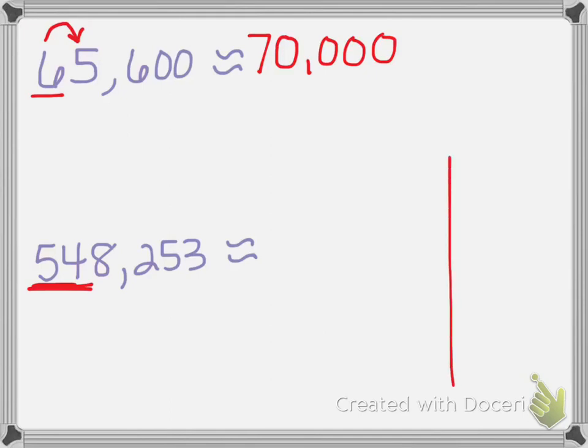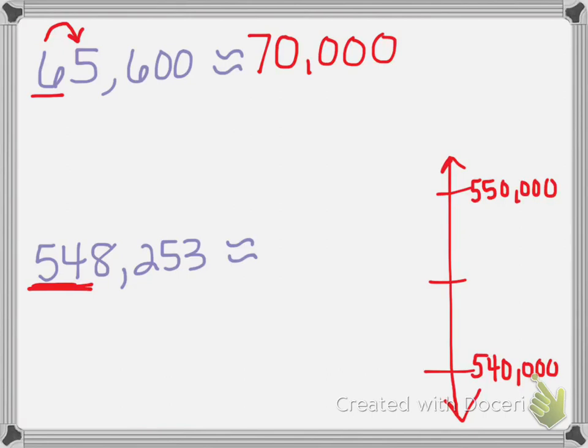I'm just going to throw a vertical number line up here for some of you people that are still visual and you need to see it. We have 54 ten-thousands, or 540,000. One more 10,000, so we would take 54 plus 1 would be 55. So we have 550,000, or 55 ten-thousands.